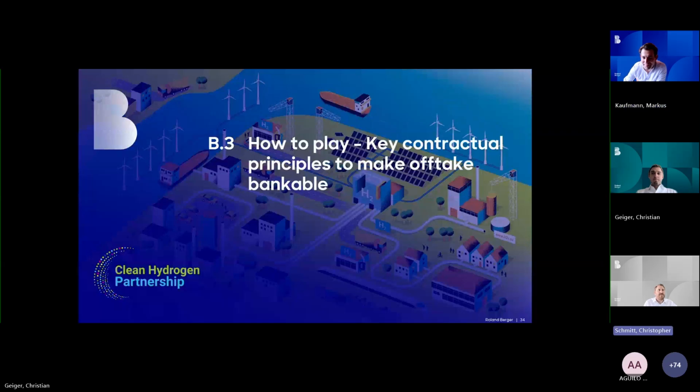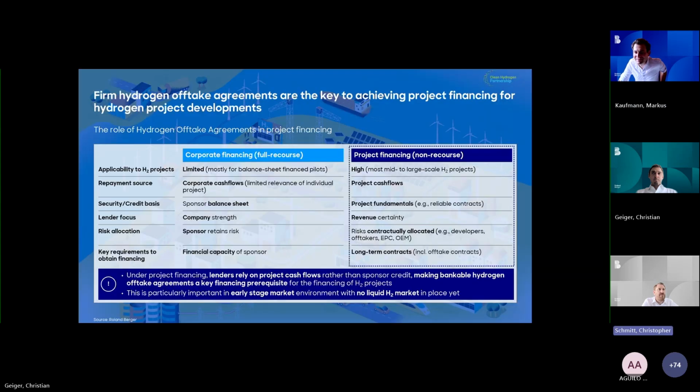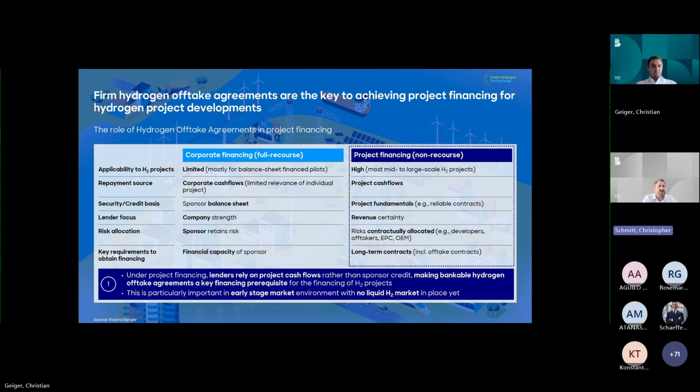Yes, exactly. So in the spirit of keeping things practical, we like to look at what the key success factors are for putting together and structuring offtake agreements, and what the key points are that you need to pay attention to in the end to make it bankable.